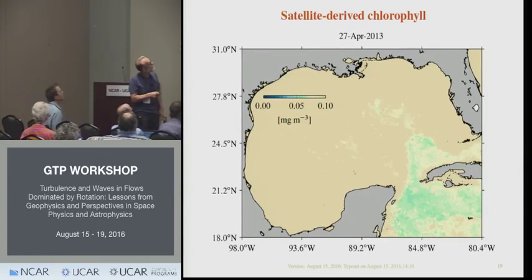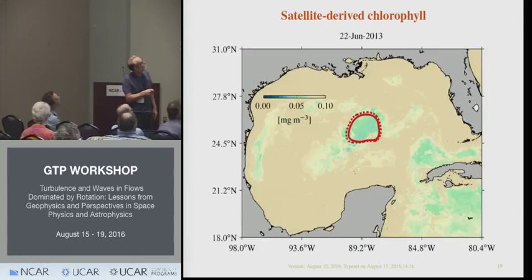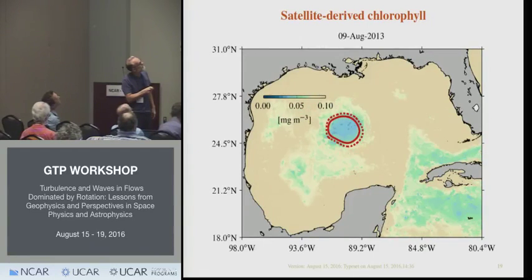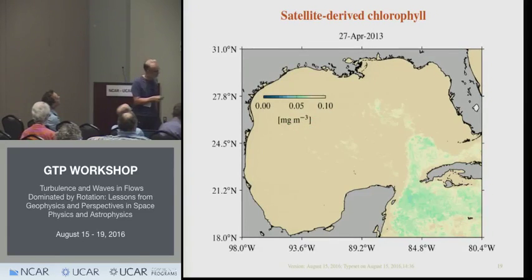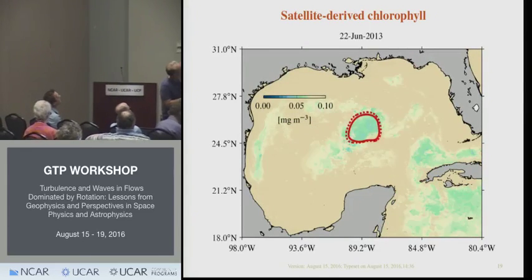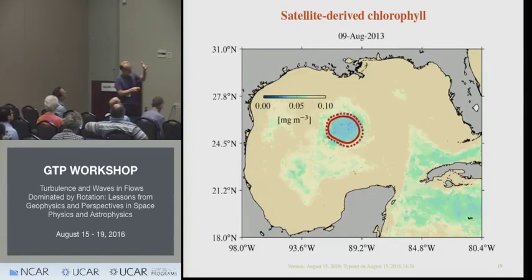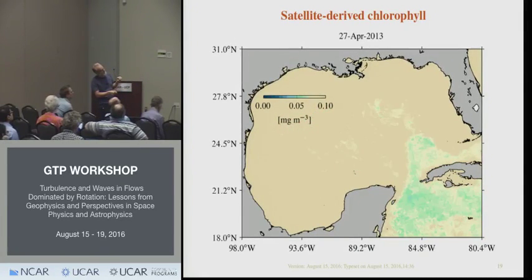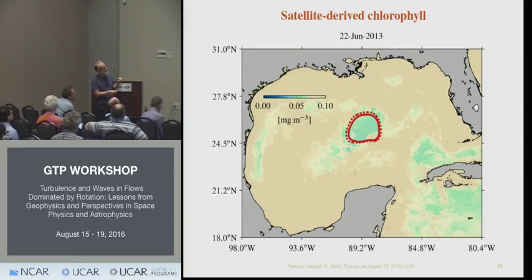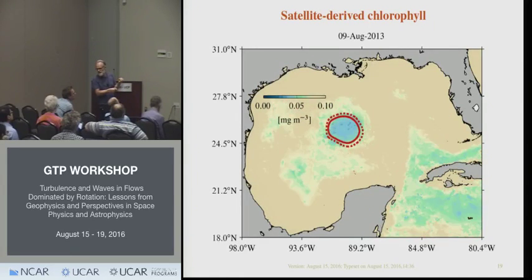What I'm plotting here is this extraction on top of satellite-derived chlorophyll. There is a patch of chlorophyll, and blue is a region of low chlorophyll. It comes from the Caribbean Sea, which has lower chlorophyll than the Gulf of Mexico.